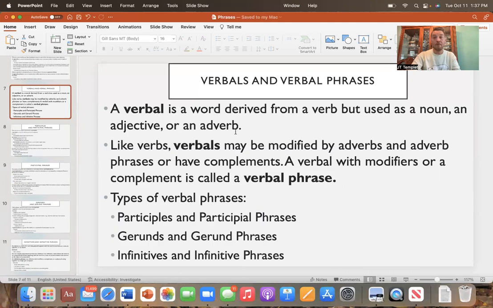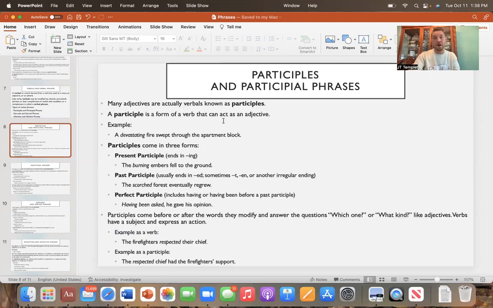Like verbs, verbals may be modified by adverbs and adverb phrases or have complements. A verbal with modifiers or a complement is called a verbal phrase. We're going to look at three types: participle and participial phrases, gerunds and gerund phrases, and infinitives and infinitive phrases. And all of these are doing the same function. They're just different types of verbs, which we'll see.